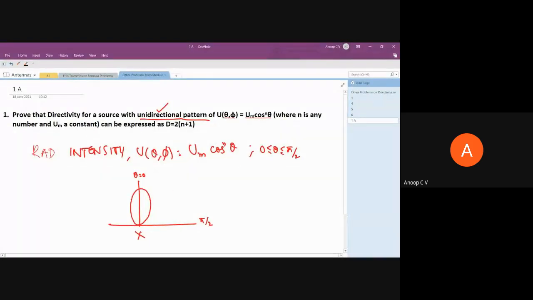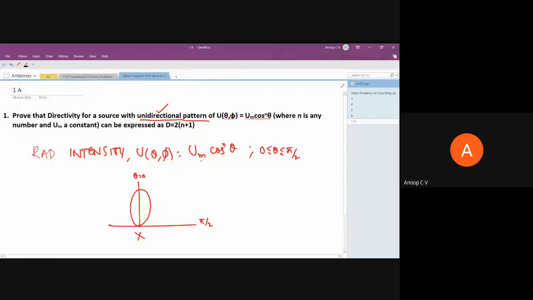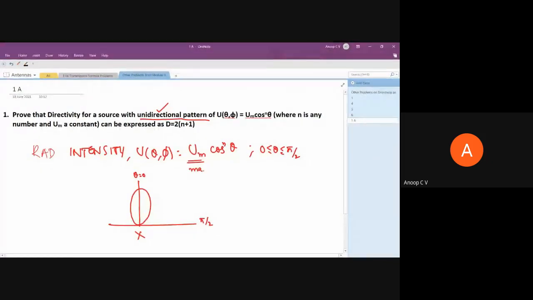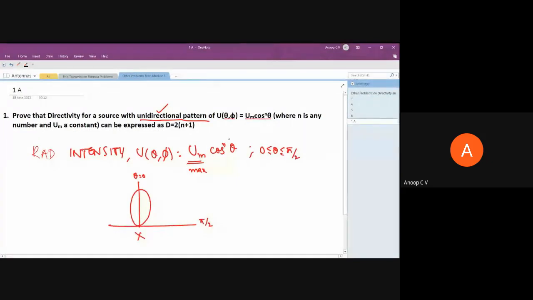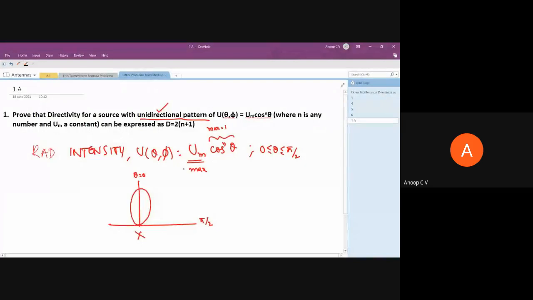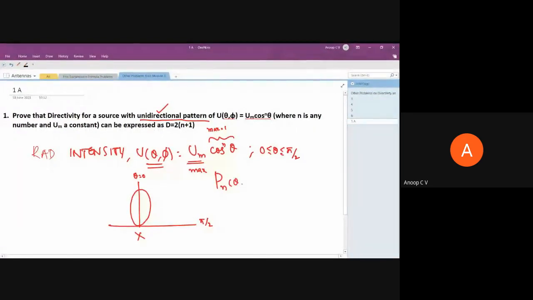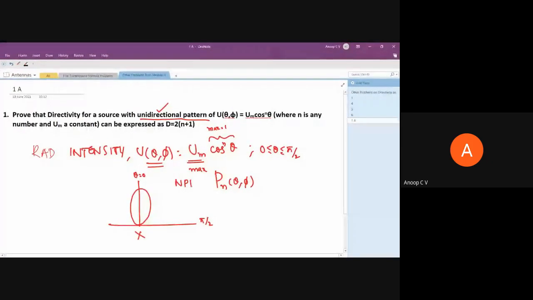So this is what is given, where Um is the maximum value, and the maximum value of cos power n theta is equal to 1. So the maximum value of the pattern is Um. Given the radiation intensity pattern, I can find the normalized power pattern, which I'm writing as NPP.